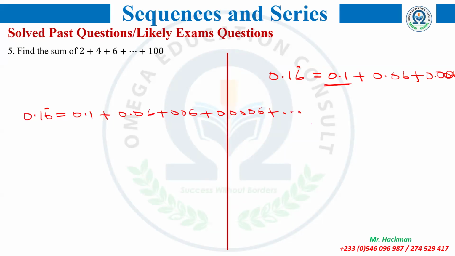Do you agree? The point is, cut off the one that is not recurring, so that you get 0.06 recurring. Because what I have is the same as 0.1 plus 0.06 recurring. Do you agree?